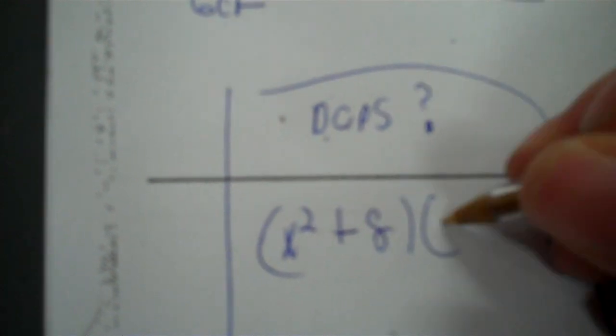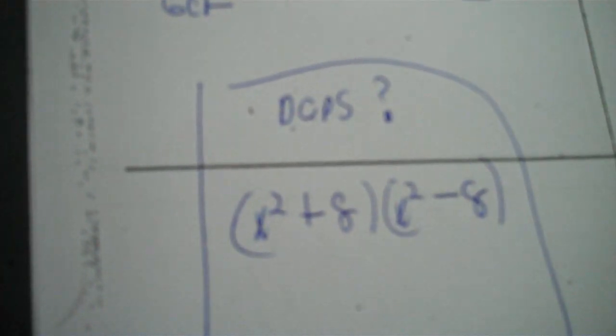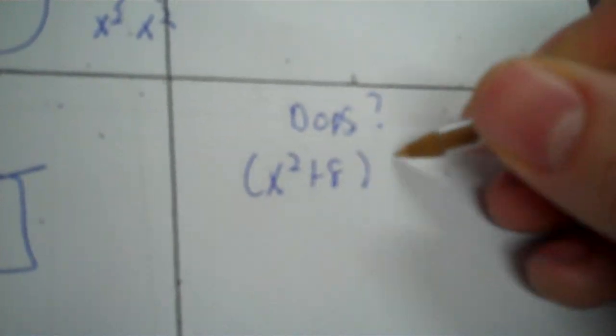Well, let's drop that 1. We don't need it. X to the 4th is x to the second times x to the second. And then 64 is a perfect square because that's 8 times 8. So it'd be x to the second 8, x to the second 8. Okay. Now, see if we can do a difference of perfect squares.